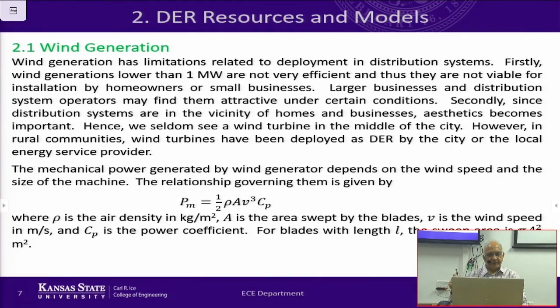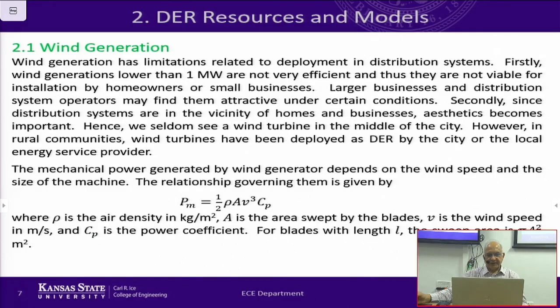In terms of the capacity of the wind generator, it uses wind to rotate the blades, and the equation for the amount of power generated, PM, is 1/2 rho A V cubed times Cp, where rho is the air density in kg per meter cubed, A is the area swept by the blades, like a circle based on the size of the blades, V is the wind speed in meters per second, and Cp is the power coefficient.